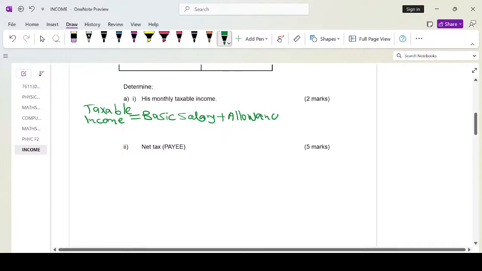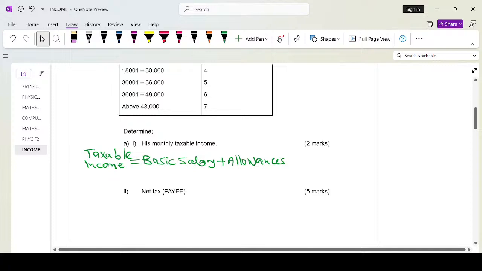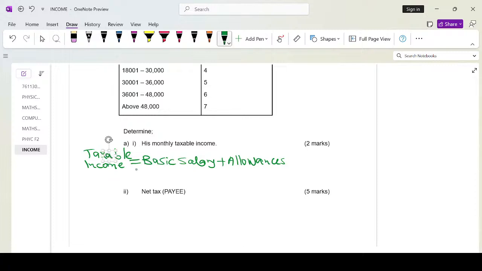That is how you calculate the taxable income. The taxable income is the amount from which tax is being levied. So learners, we do substitution here.